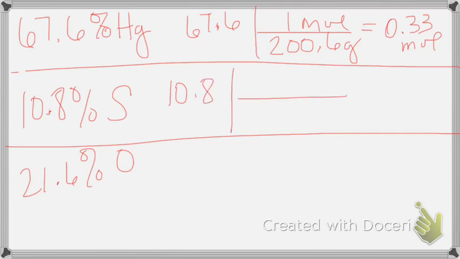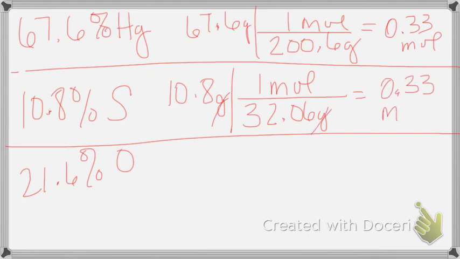Sulfur. Sulfur is 10.8 divided by 32.06 grams for every 1 mole. Again, if you divide that out, you get about 0.33 moles.